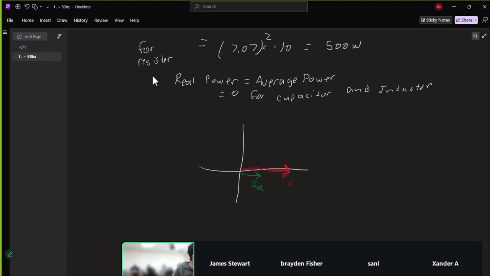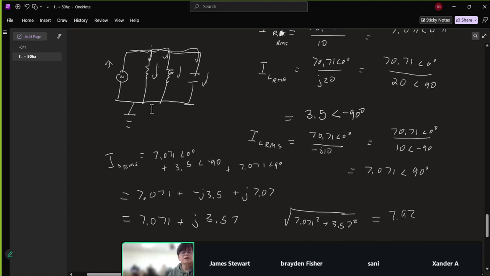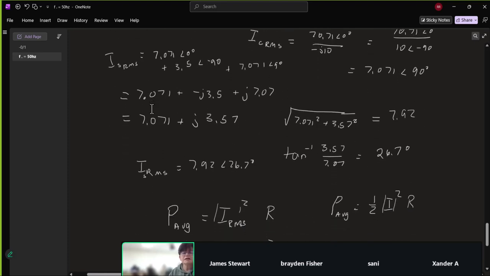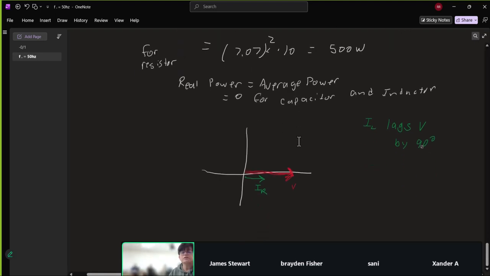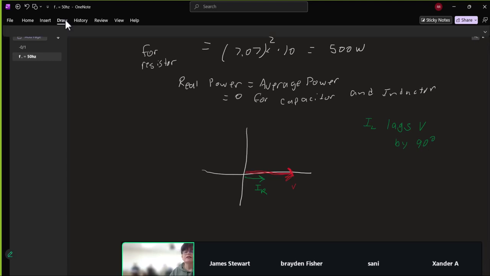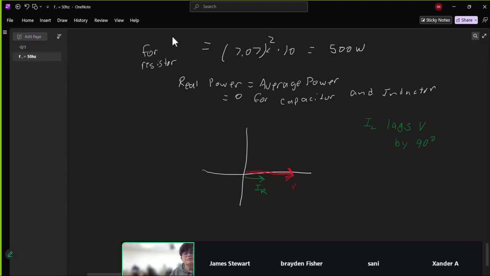And I for the inductor, so IL, lags V by 90 degrees, because IL was 3.5 at minus 90. So the current for the inductor lags the voltage by 90 degrees, as inductors are wont to do. Whoops, that's too long.